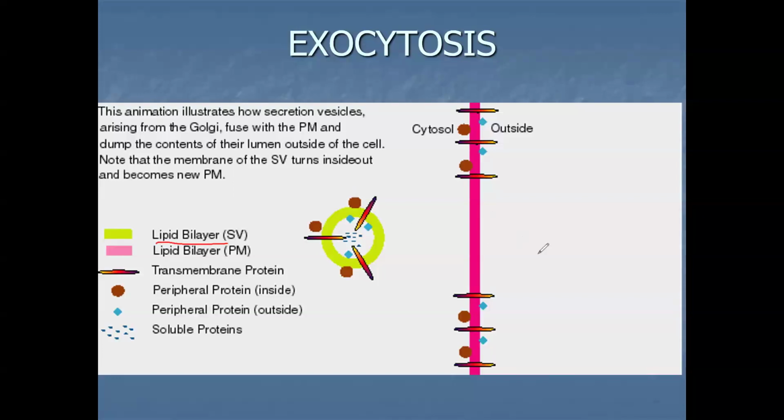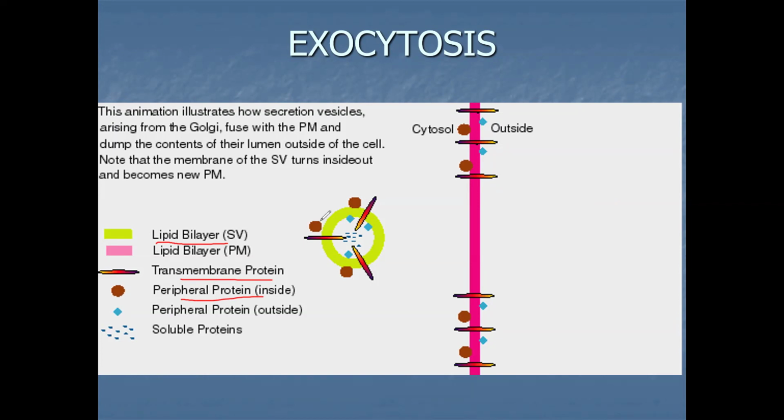This one is the vesicle, and this one is the membrane. This is the cytosol, that is the cytoplasm of a cell, and this is outside the cell. There is also a transmembrane protein, peripheral proteins as well as integral proteins. So we have these proteins both on the vesicle as well as the membrane.